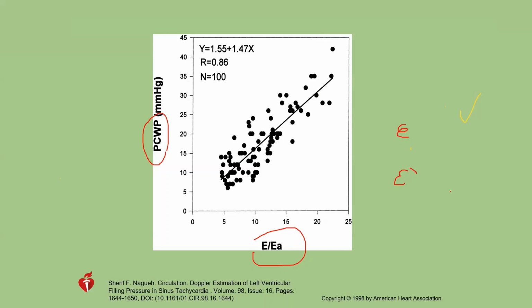And we said the medial E prime in constriction goes high, so it makes the ratio low, despite having high pulmonary capillary wedge pressure and high LA pressure. So the E over E prime no longer corresponds linearly or proportionally with the pulmonary capillary wedge. In fact, the reverse is happening.